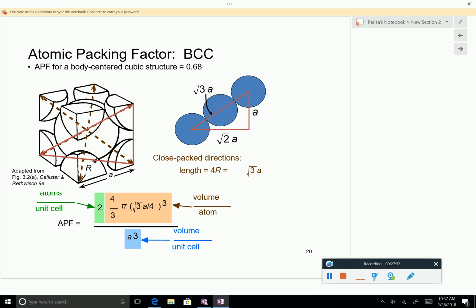Each one has this volume, and this is the volume of unit cell. We use the relationship between A and R. You can do either way. Either you write A in terms of R or vice versa. And then A will cancel out. And you should get 0.68.